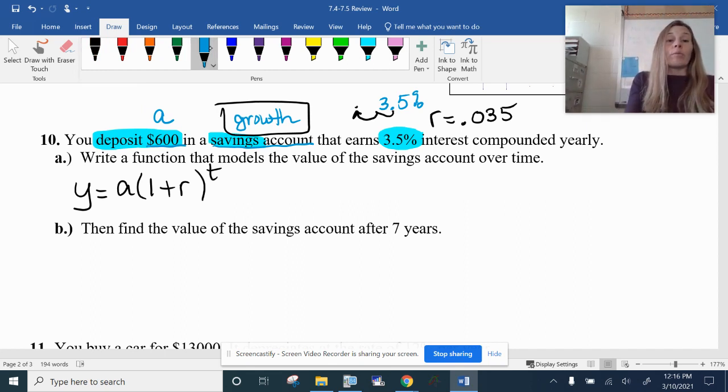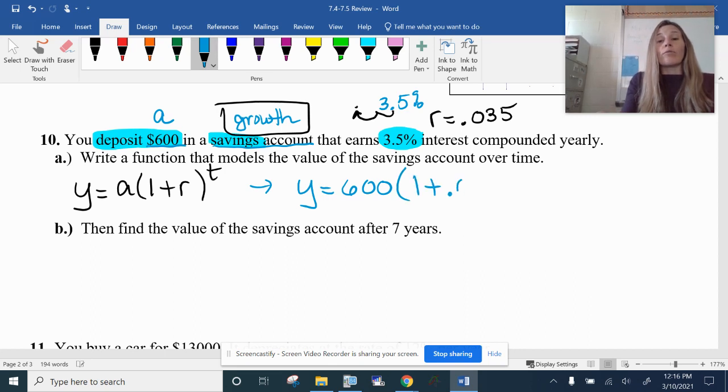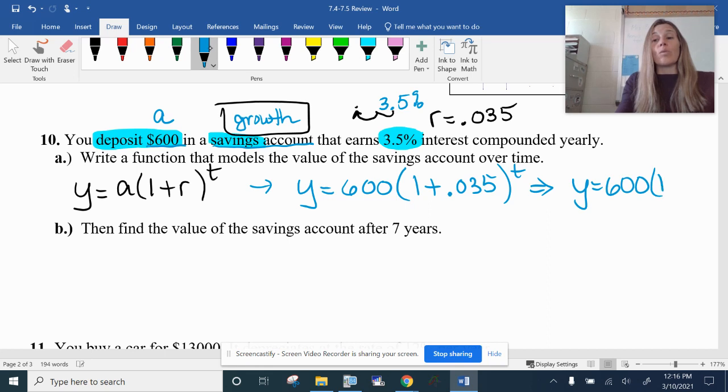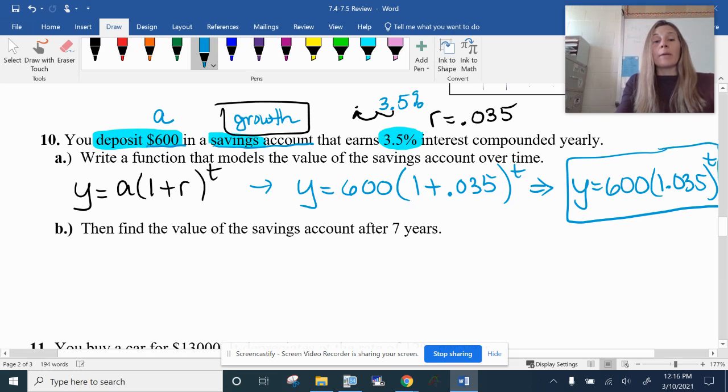So for this problem, we substitute in our values. The initial amount we started with was $600. Then we have 1 plus our rate to give us our growth factor, because this will now be a number bigger than 1, because we're going to have 600 times 1.035 raised to t.